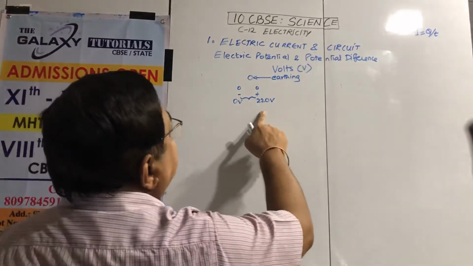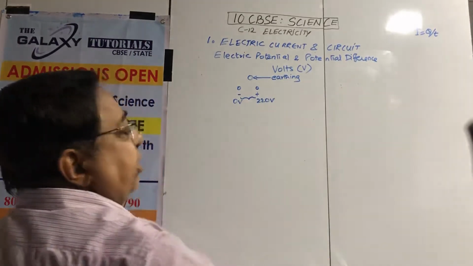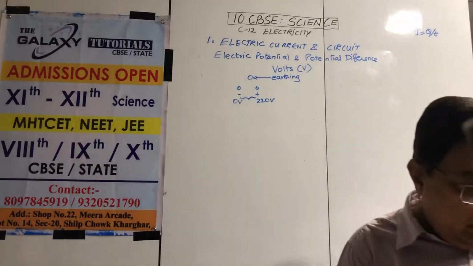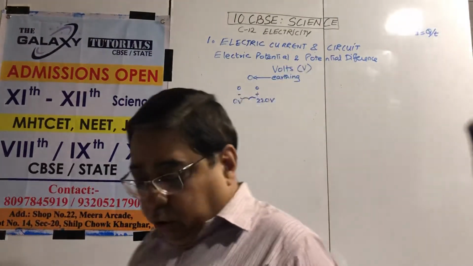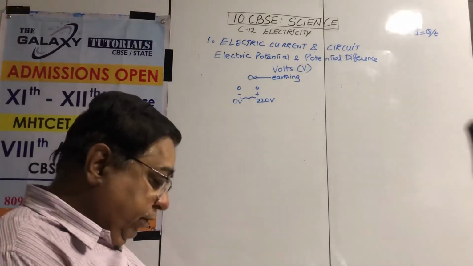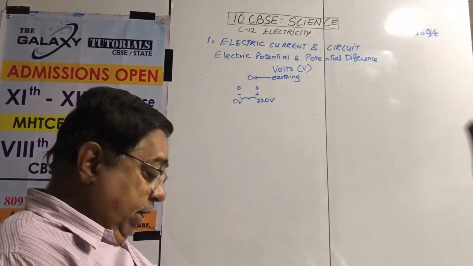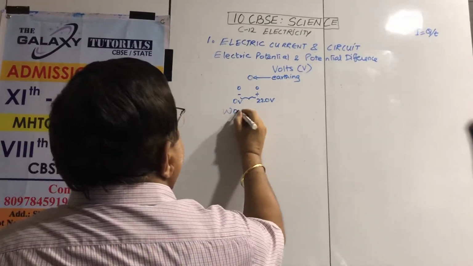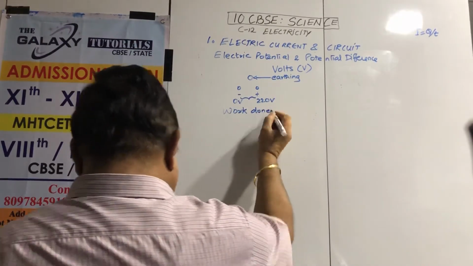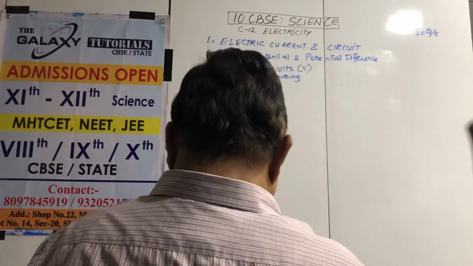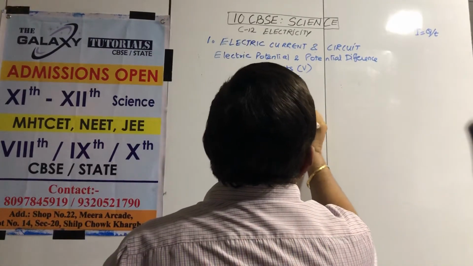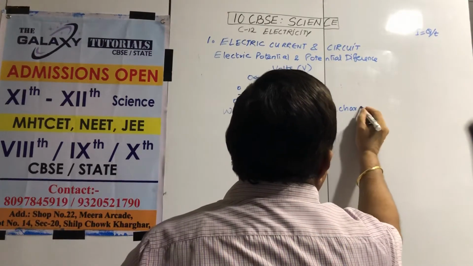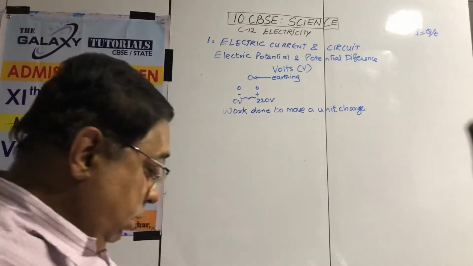Now this difference is the potential difference, and this is the electric potential. It is capable of giving you 220 volts. So how do we define volts? We define potential difference between 2 points in an electric circuit carrying current as the work done to move a unit charge from one point to another.